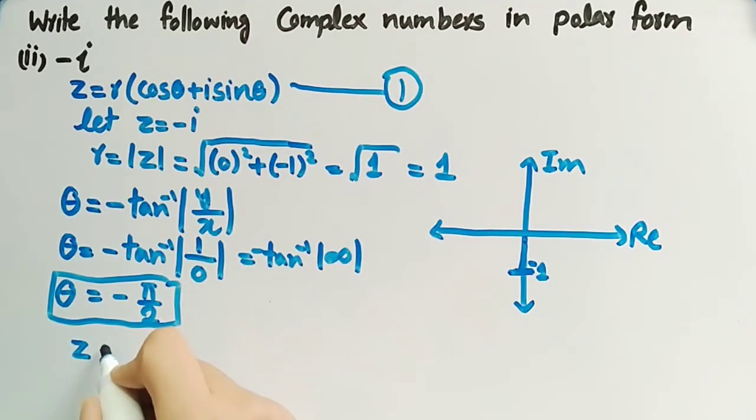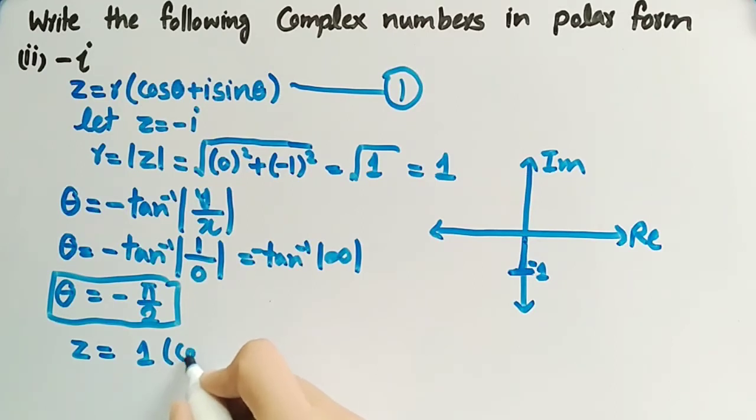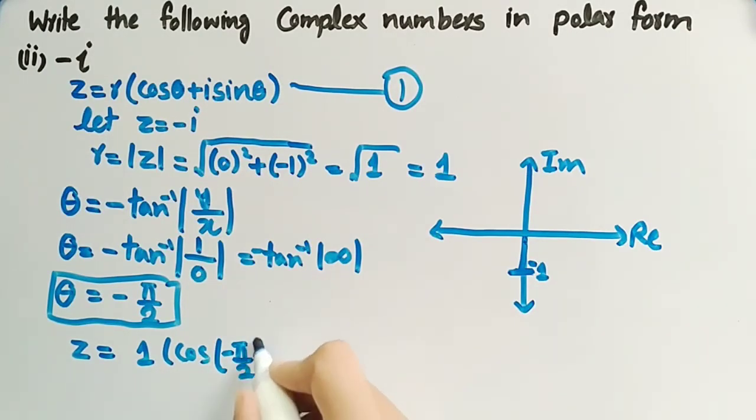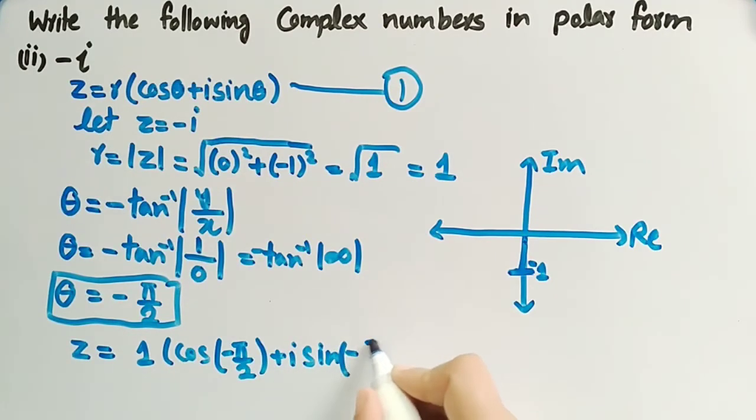By substituting the value of r and theta in 1, we get z is equal to 1 times cos minus pi by 2 plus iota sine minus pi by 2.